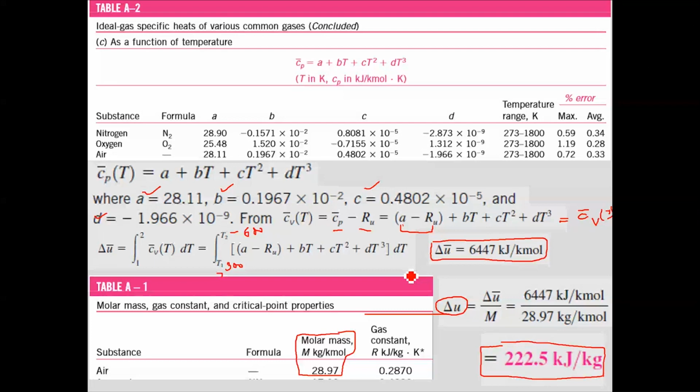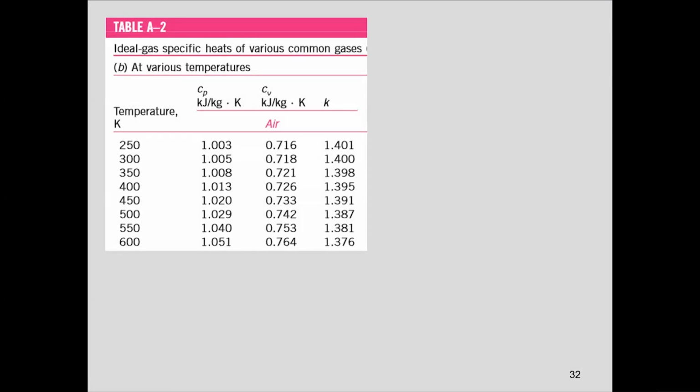Now we move on towards the third mechanism, which is taking the average. We are moving on towards table A2B. The fluid is air. Cp values are given and Cv values are given.